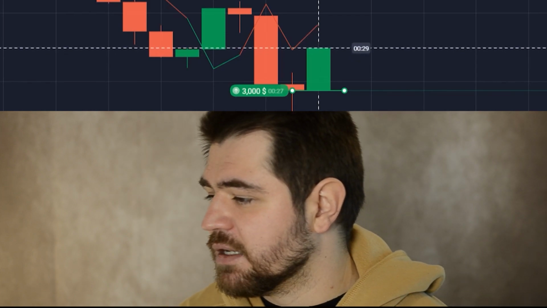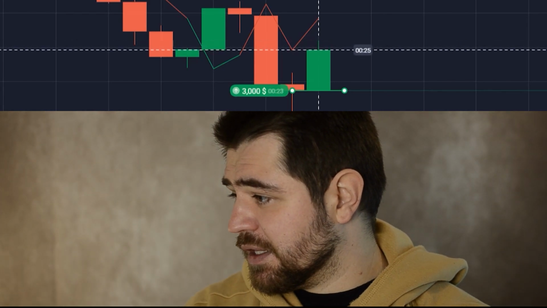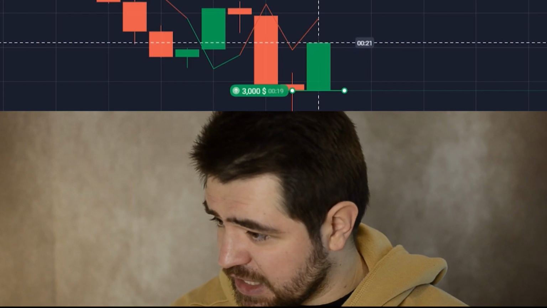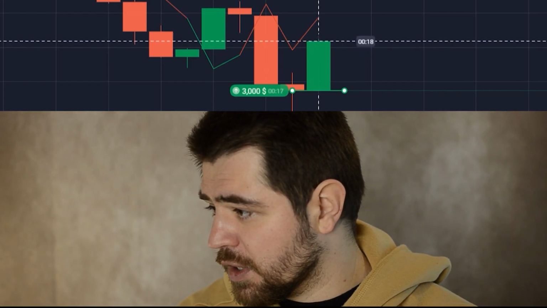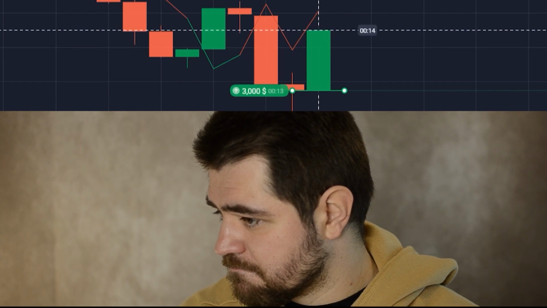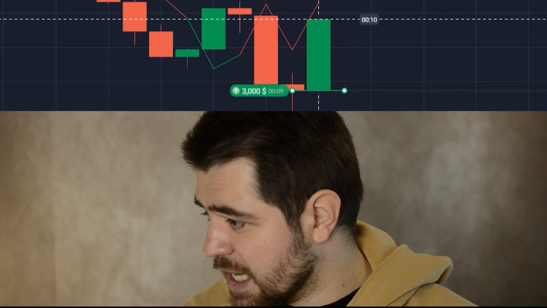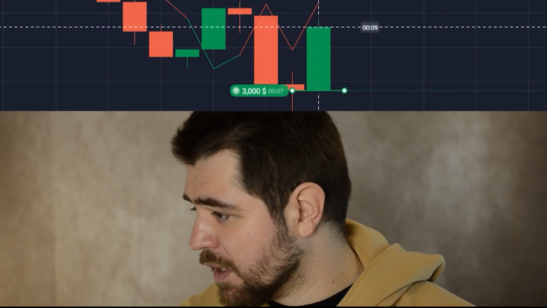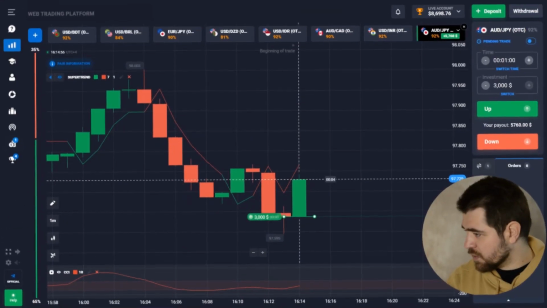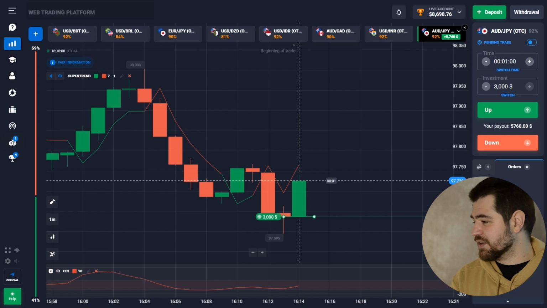Okay, let's find out. I see a pattern there that is an indication of a change of direction for the market. Plus, if you look at the CCI, it's bouncing off the support level there. So yeah, that looks correct. Let's wait for the result of this one and continue.